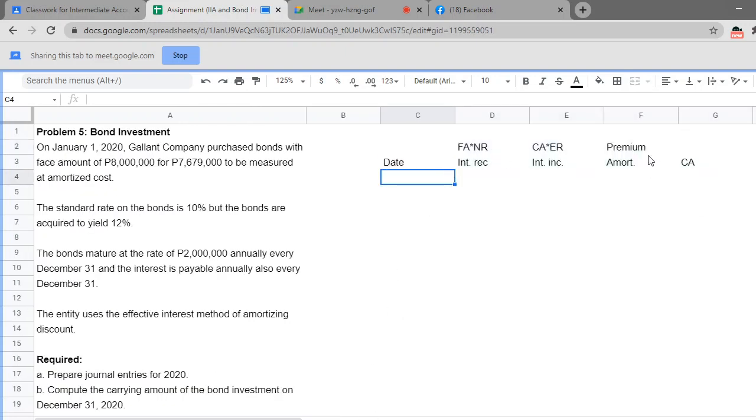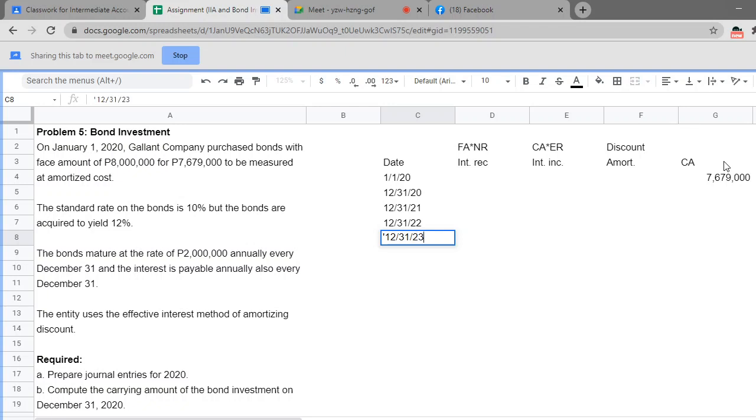Okay. So, this time, this is a discount, right? Our carrying amount is binigay niya na, that's 7,679,000 as of January 1, 2020. So, let's have 12/31/2020 here. And ato na lang pong padayunon. So, for this particular problem, atong paningkamutan nga mahuman nato ning iyahang table of amortization.